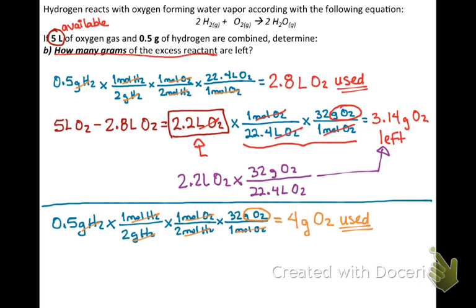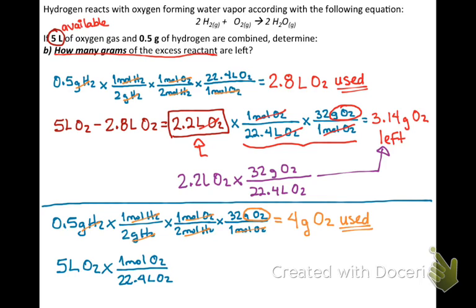And then I need to transform the 5 liters of oxygen into grams to be able to make the subtraction. So I start with 5 liters of O2. I transform them into moles: 22.4 liters of O2 is 1 mole.